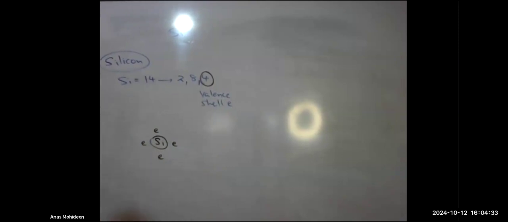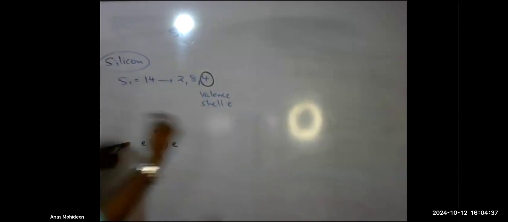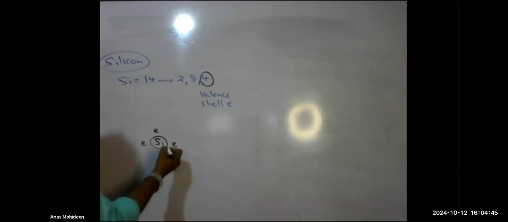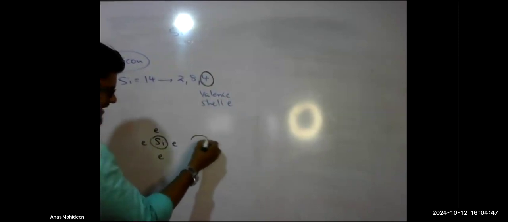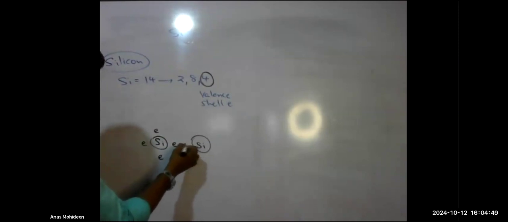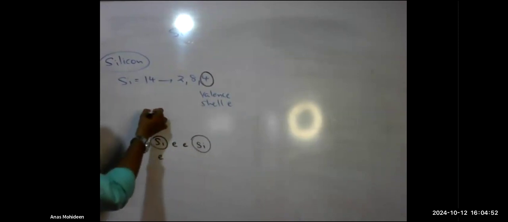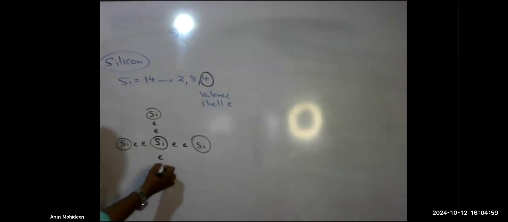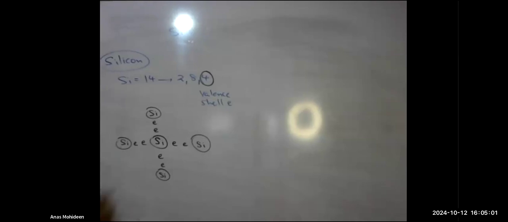It has to bond with other atoms to obtain 4, naturally sharing 1 to 1. So it takes an electron from another silicon, and another silicon here, another here, and another here. So you see, 4 silicon atoms are sharing electrons with it.